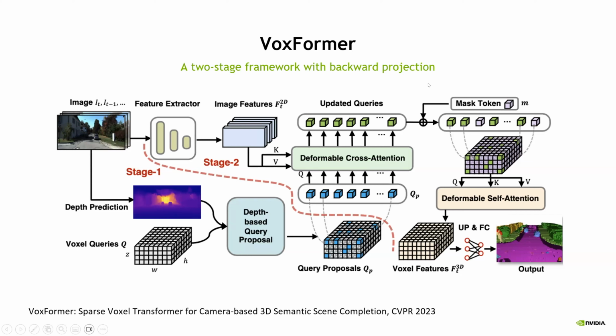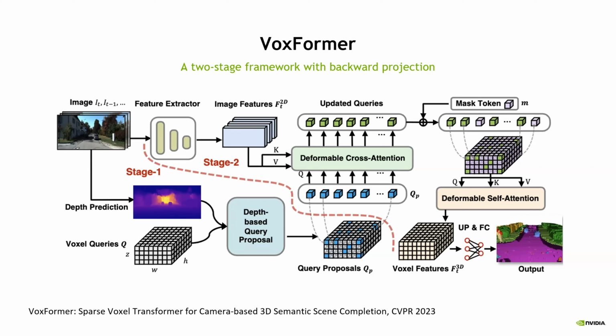In the first stage, a depth network proposes a set of sparse queries in the space. The intuition behind this is that these visible queries in the 2D domain contain the most abundant features. They are the most reliable ones.